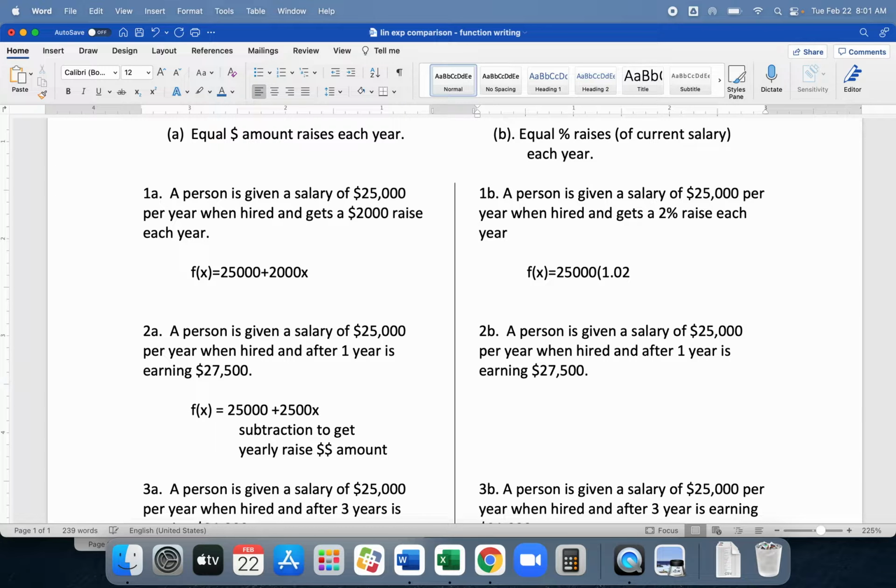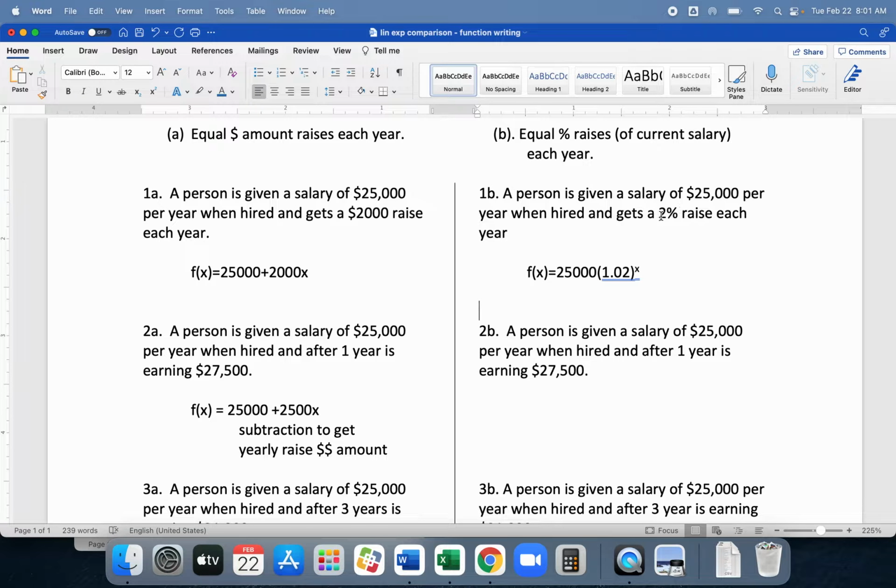1.02. Now that's a very small raise, but that would give us the first year's salary, right? If I wanted the second year's salary, I'd multiply by 1.02 again. Third year's salary, I multiply by 1.02 yet again, and so on and so on. So I just need to, let me do this the non-equation editor way. Where's my exponent thing? There we go. 25,000 times 1.02 to the x.